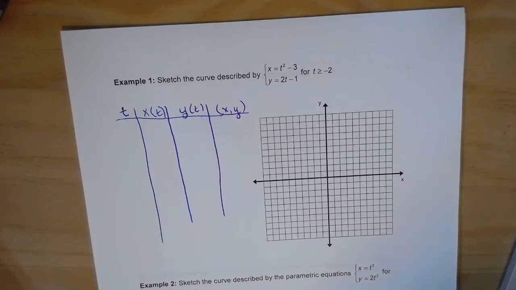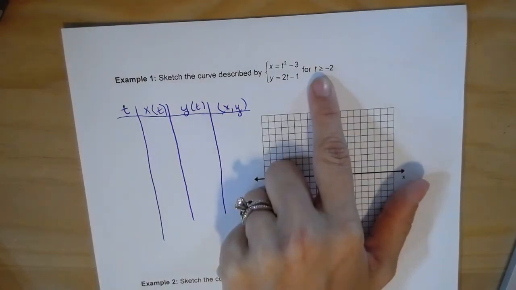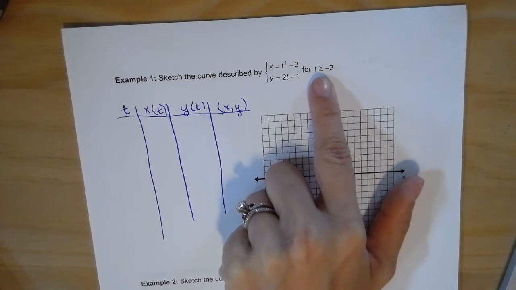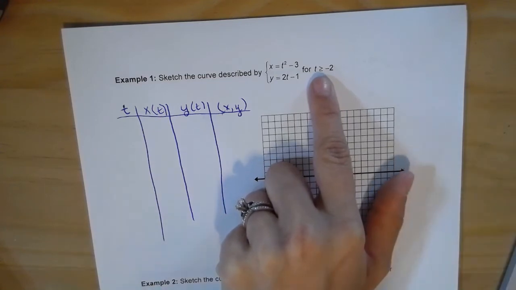Now, I know I keep saying that t is time, and that's technically what we're representing. And many of you are probably going, Ms. Heckman, why would we ever start at -2 if t represents time? T doesn't always have to represent time. It represented time in the situation they talked about with the bug. It's just a value.